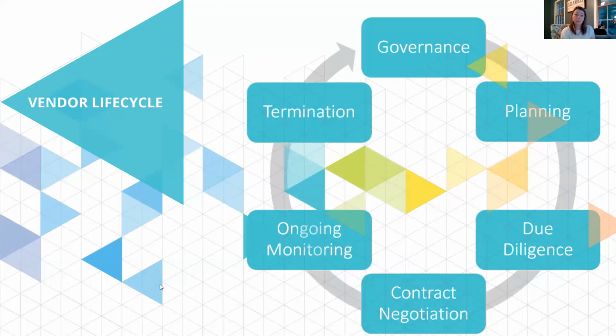Next is planning. So once you have your governance in place and you get it out to the workforce and they're trained on it, at one point your workforce will decide, okay, I need to bring a vendor in, and this is where they start planning. They're doing requests for proposals, and they're detailing out the criteria and expectations of the vendors and all these other things. And normally security isn't overly involved in this.